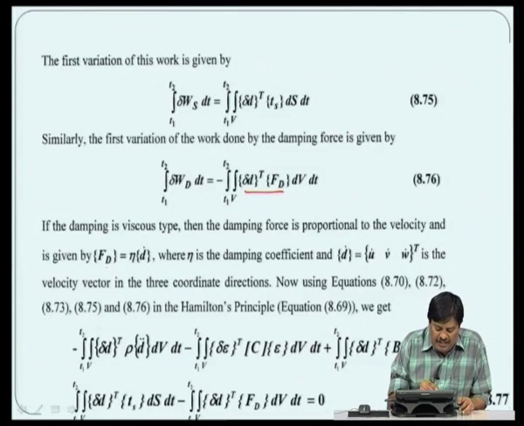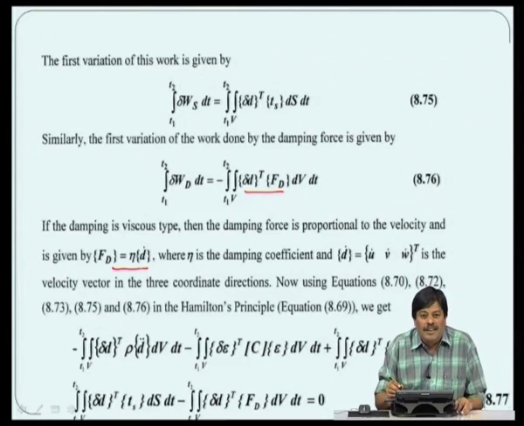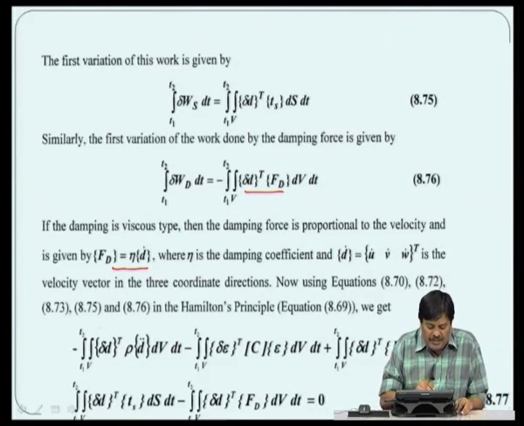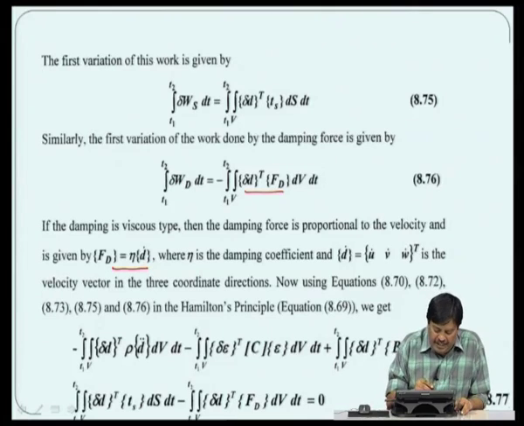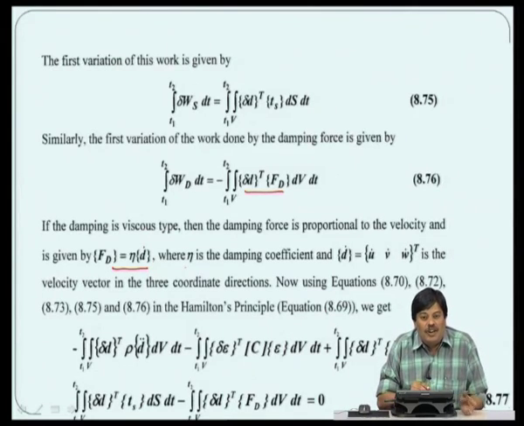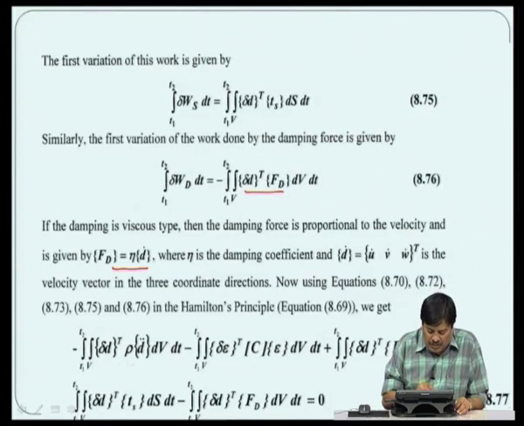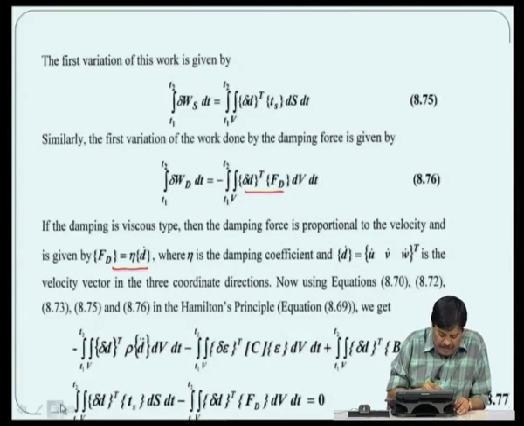So, we assume that the viscous damping force is given by this expression, which is directly proportional to some constant, called the damping constant, multiplied by d dot. D dot is essentially the velocity vector. Now we put all these things together, and we get this whole thing in the Hamilton's theorem. Now, we simplify each one of them. Let us do that.